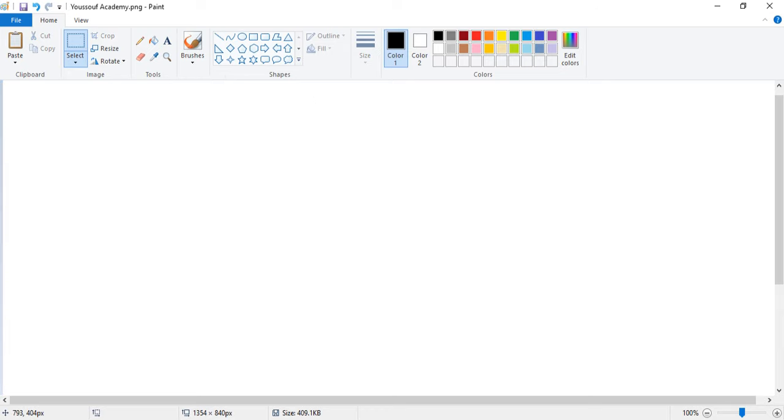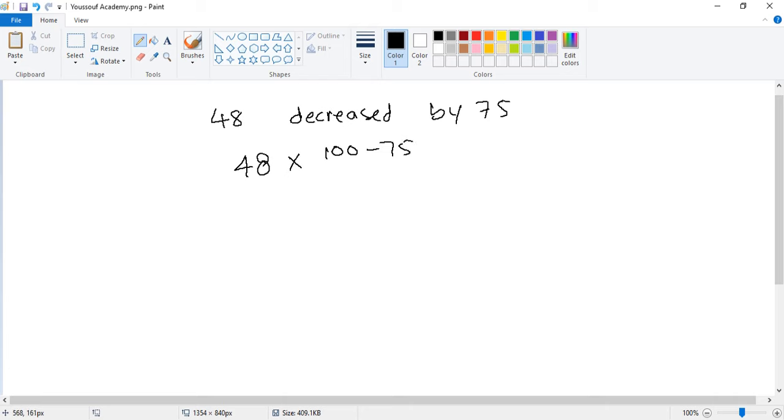Let's have decrease. If it says decrease 48 by 75%, how are we going to do that? It is similar, but instead of adding, it will be take away. 48 times 100 take away 75 over 100 equals 48 times 25 over 100.